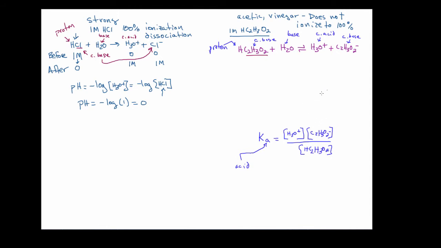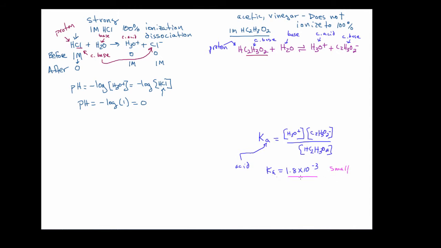Now, the equilibrium constant for this particular reaction, the Ka for the ionization of acetic acid, is 1.8 times 10 to the minus third. So the first observation relative to the equilibrium constant is that we're dealing with a small value.